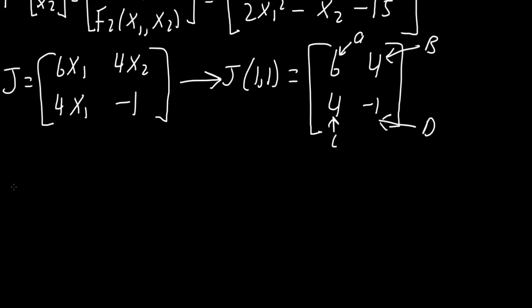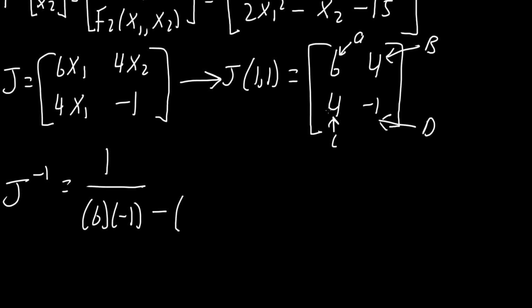So next we will get J inverse, and that's going to equal 1 divided by 6 times -1, this diagonal, minus this diagonal, 4 times 4.